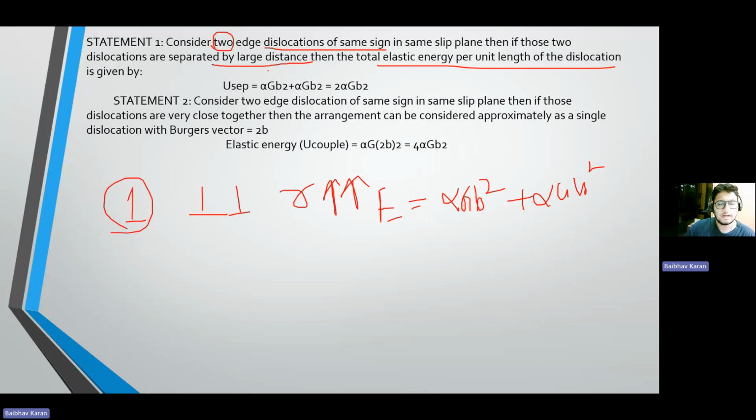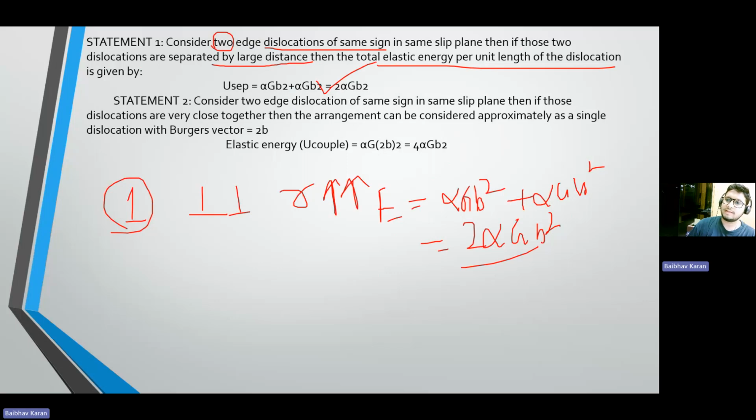They are far apart, so the interaction between the two dislocations will not be taken into account. Only their individual elastic energies will be taken into account. So adding up these two dislocations, we will get 2 alpha G b square. So this is true.